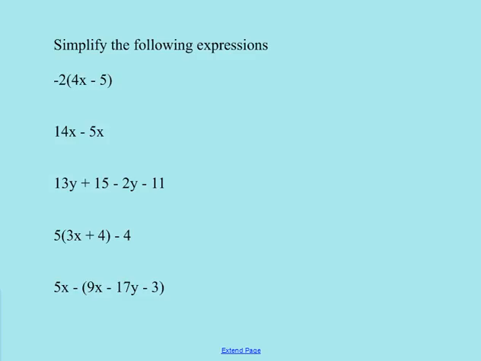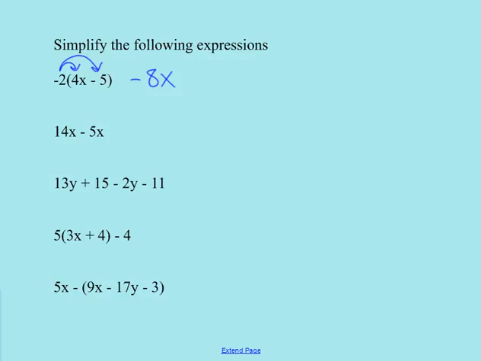Okay, so let's start with the first one. Negative 2 times the quantity 4x minus 5. We need to simplify this expression, and hopefully you recognize that in order to simplify this, we're going to have to distribute the negative 2 to both terms in parentheses. So negative 2 times 4x would give us negative 8x.